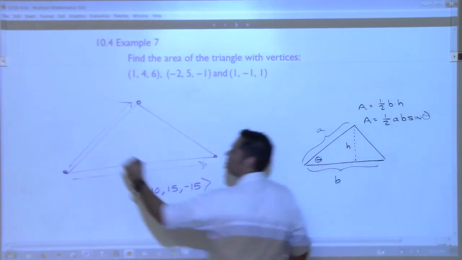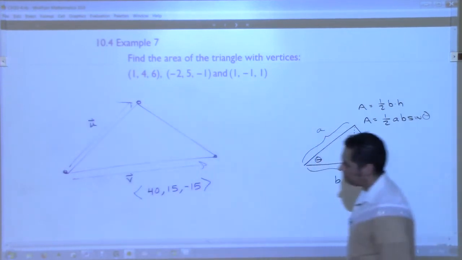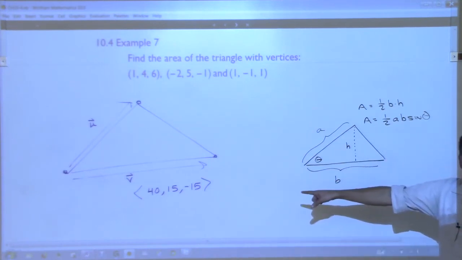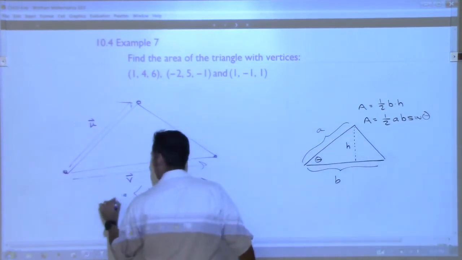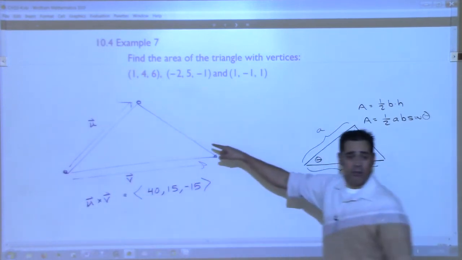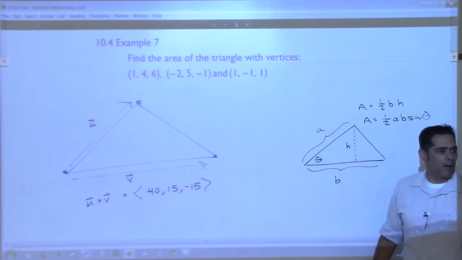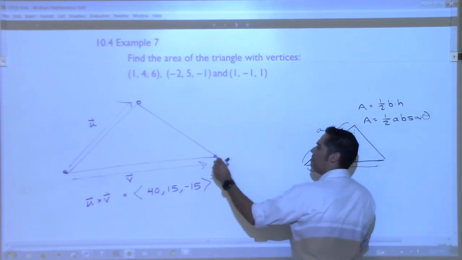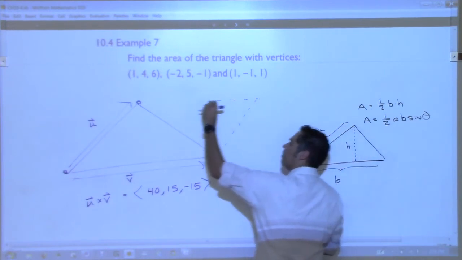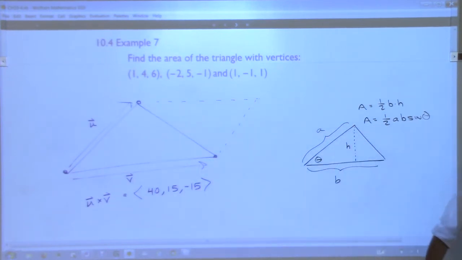So if we call this vector u and this vector v, then that's u cross v. So the area of this triangle is half of the area of the parallelogram. You have to imagine the parallelogram would go like this, right? So the triangle is half of that.